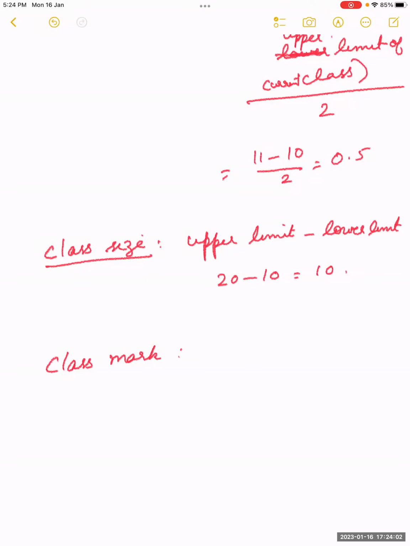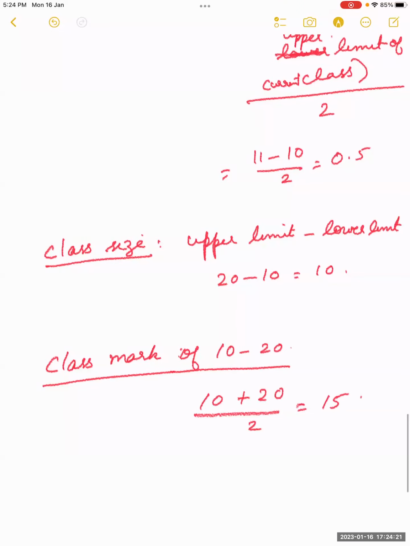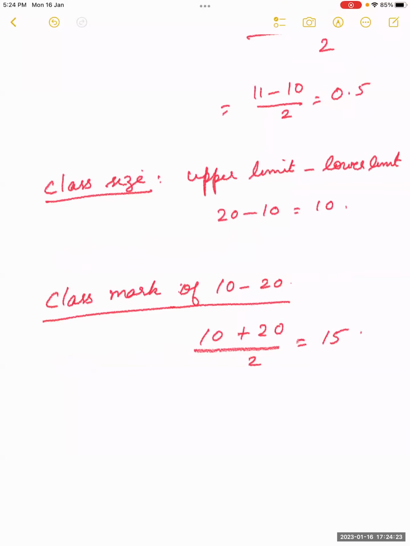So class mark of the class 10 to 20 would be 10 plus 20 by 2. What is that? 30 by 2, which is 15. So class mark is this.